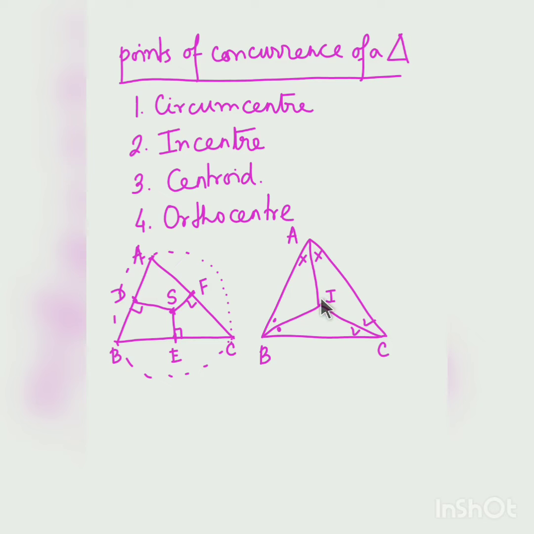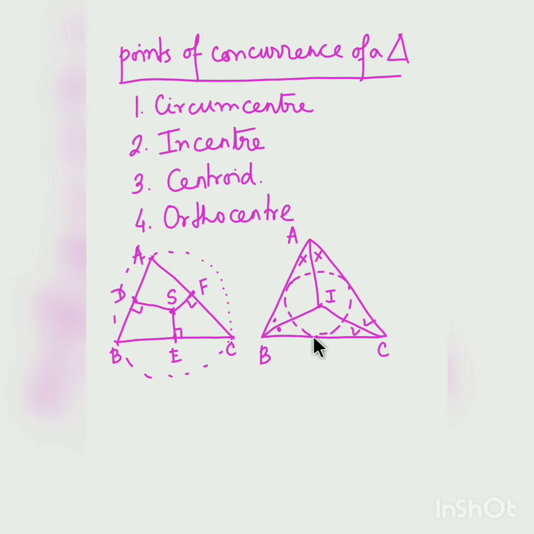As we did earlier, the word centre might imply there is a circle also. Yes, there is. If I put my compass here and my pencil just touching the side, and if I rotate it, then you will see that a circle is formed which touches the sides of the triangle.